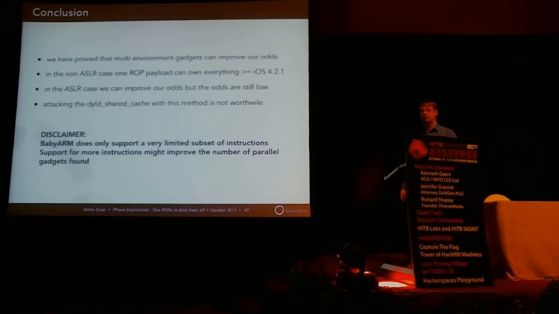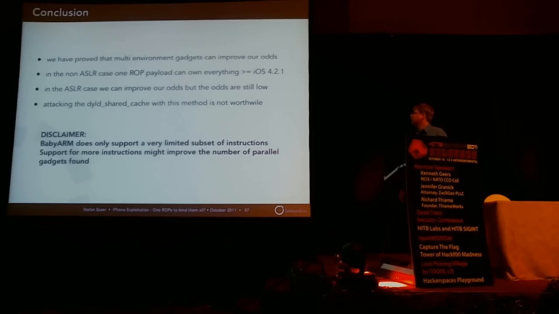Okay, so the conclusion of all this is we have proved that multi-environment gadgets can improve our odds. In the non-ASLR case, we can create one raw payload that can own everything above 4.2.1, no matter what device. And we can also do that for the other linkers.